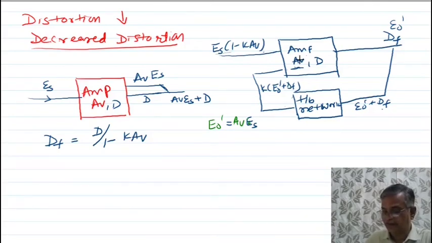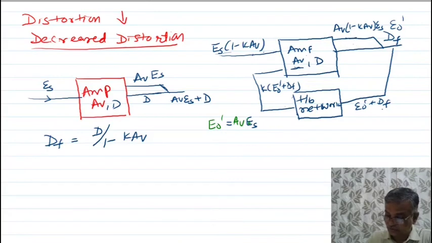This input multiplied by gain gives the output. Gain multiplied by input means 1 minus KV into ES. This you will get. Third, the first term I have written, this multiplied by gain, that is your signal will come here. Distortion D will come here, plus this multiplied by gain, this is also your input going here.